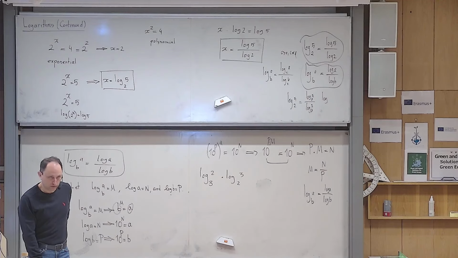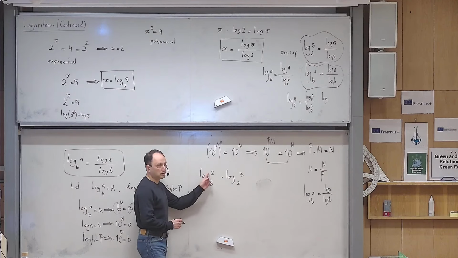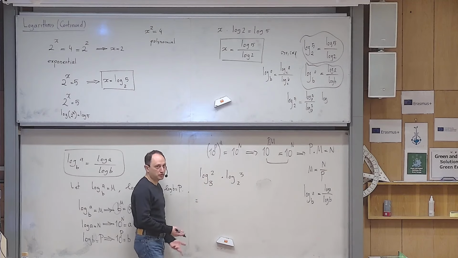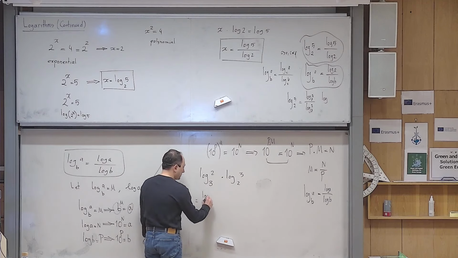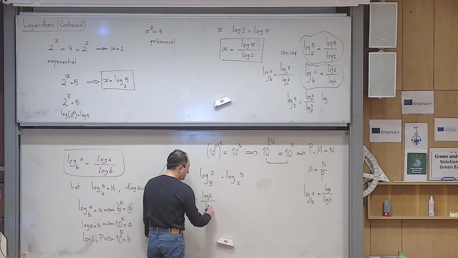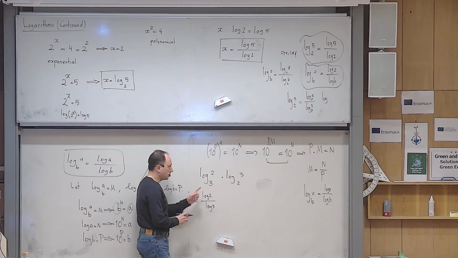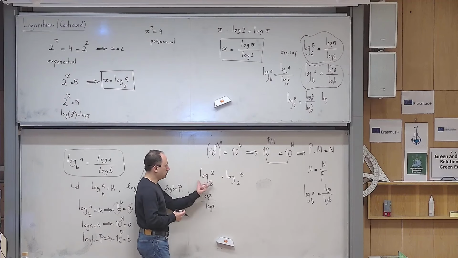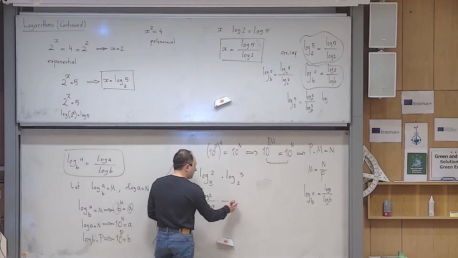Is it 1? Yes. Why is that? Because I just told you logarithm of 2 to the base 3 can be written in which way? I can write it as logarithm of 2 divided by logarithm of 3. It doesn't mean I know this. No, I don't know it. I don't know this, but I know whatever this is equal to this. And then multiplied by, what can I write for this one?